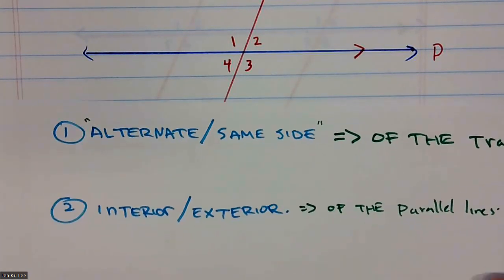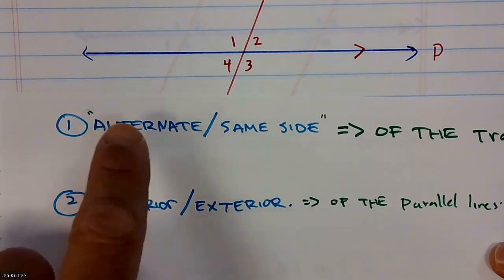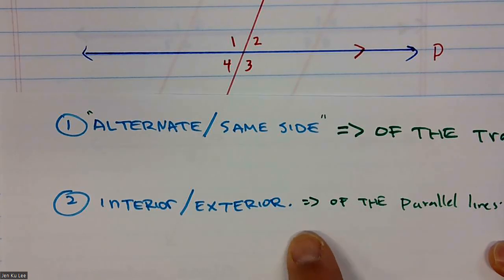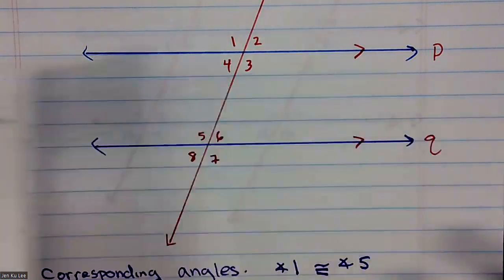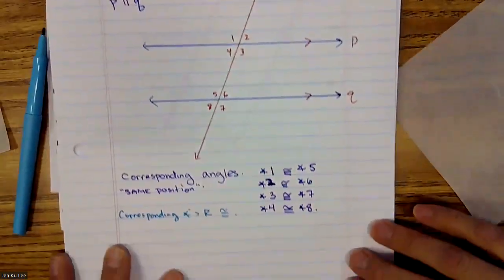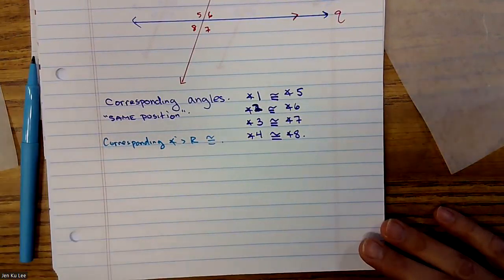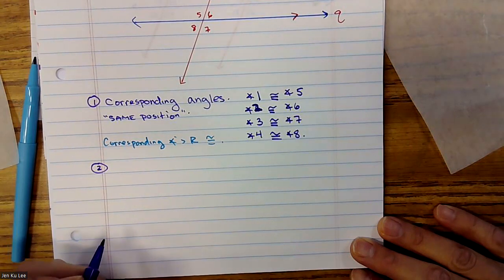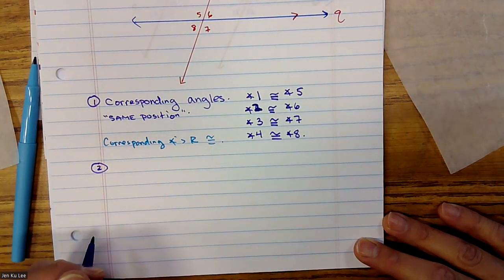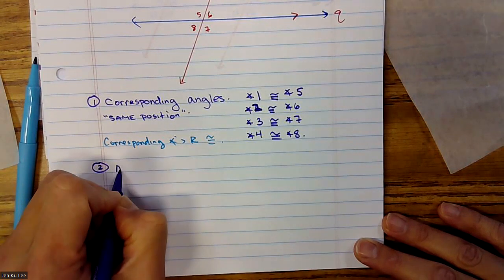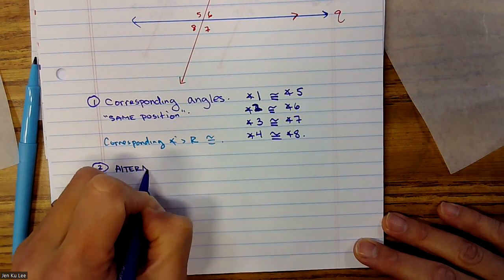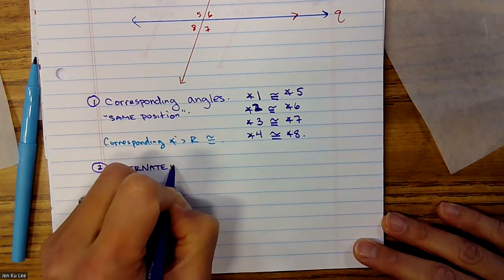So with these different combinations of words, there are 4 different types of angles. Okay? Cool? Let's define them and let's define their relationship. Okay. So the first, that's number 1. Number 2, I'm going to use alternate interior angles. Okay?